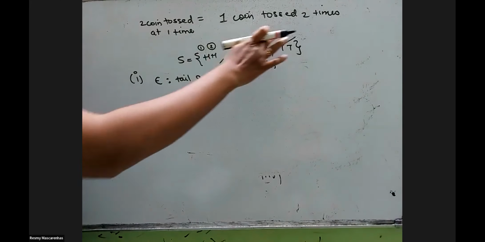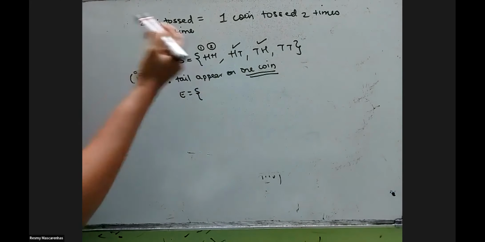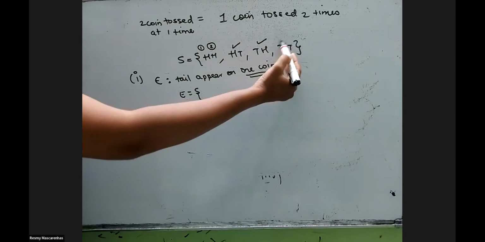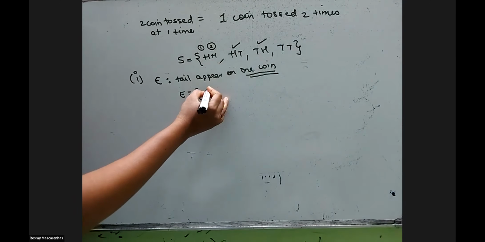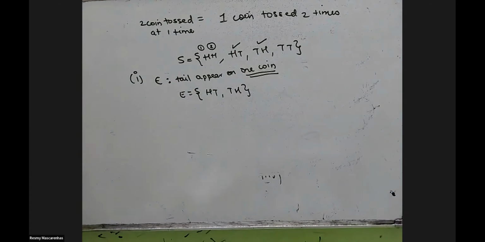How many tails doesn't matter. But if tail appears only on one coin, not on both, then we cannot take the case with two tails. So head-tail, tail-head: this is for event E.